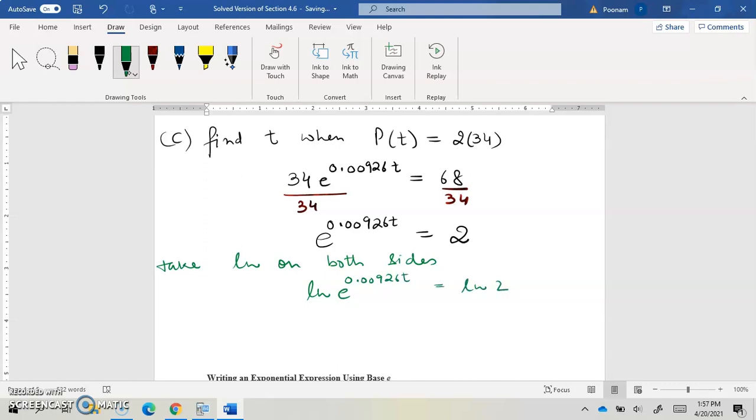Natural log and e exponential are inverse functions of each other. So we are left with 0.00926 times t is equal to natural log of 2. So t is equal to natural log of 2 divided by this number.